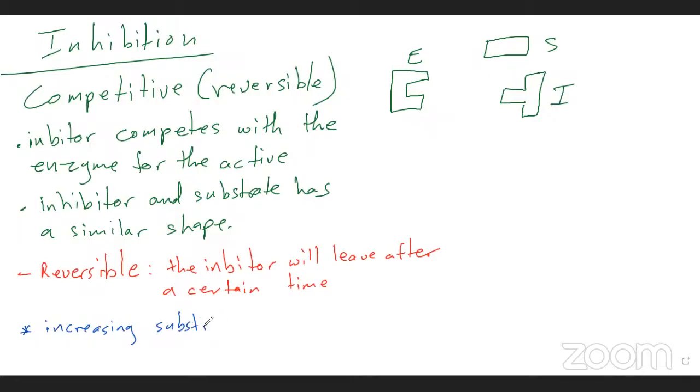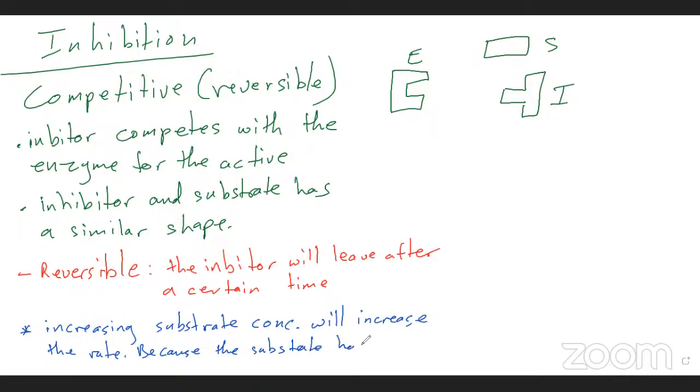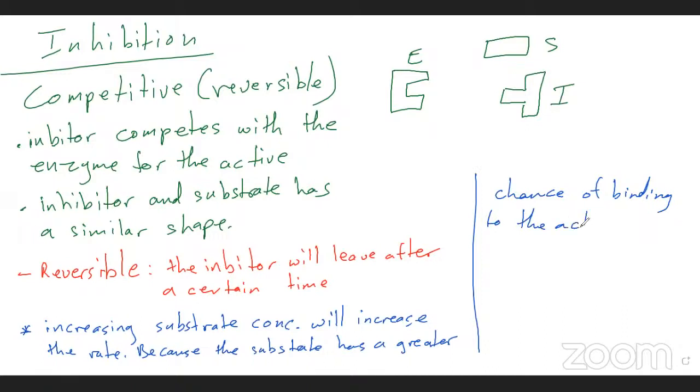As I was saying, increasing the substrate concentration will increase the rate because the substrate has a greater chance of binding to the active site.